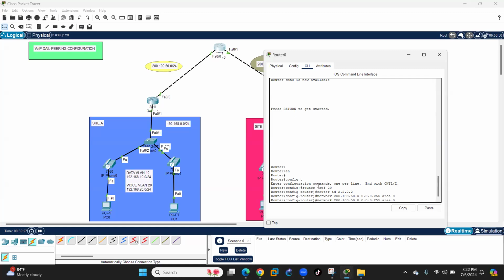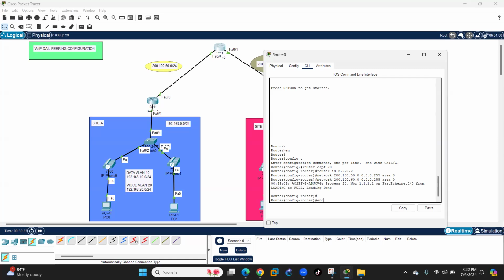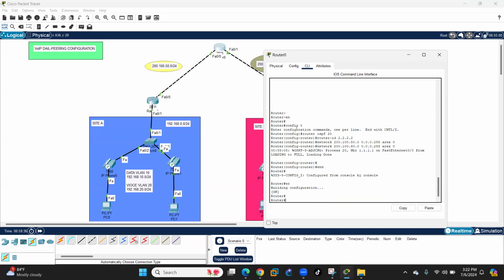And this one is 60. It has already formed adjacency with that one.